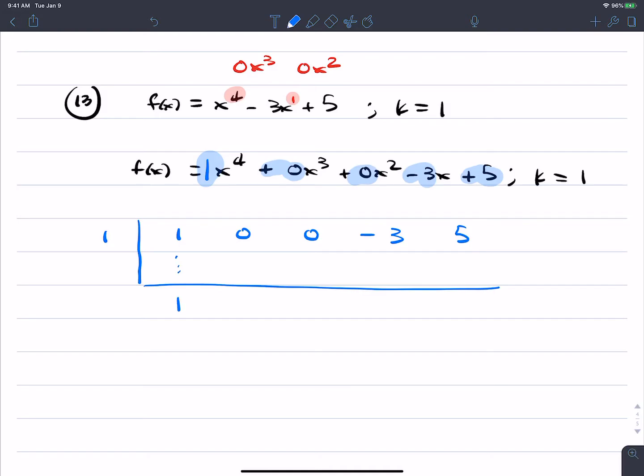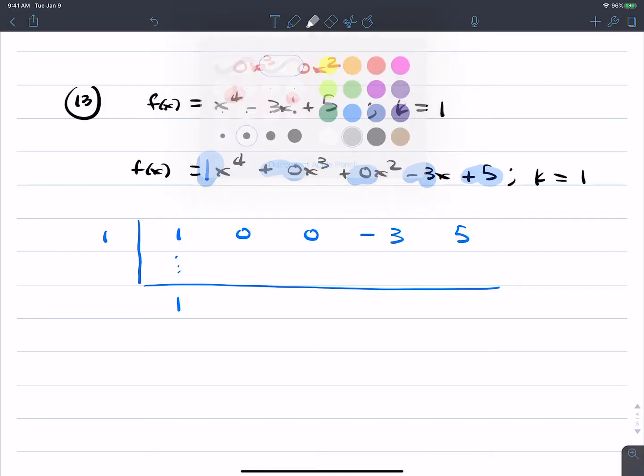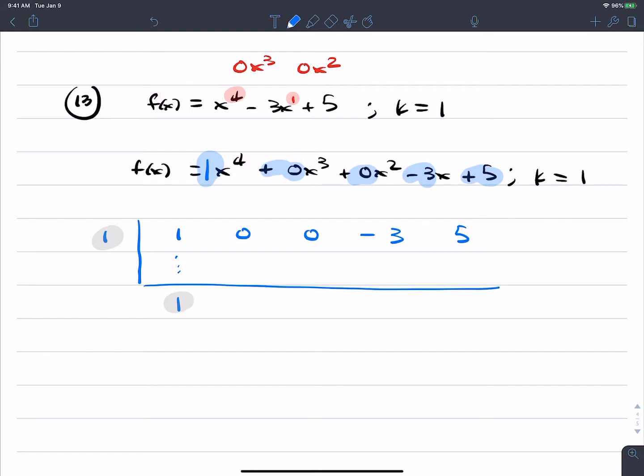Start by bringing down 1, and you will have 1 times 1, which is 1. Add 0 and 1, and you get 1. Repeat the process. 1 times 1 is 1. 0 plus 1 will give you 1 again.